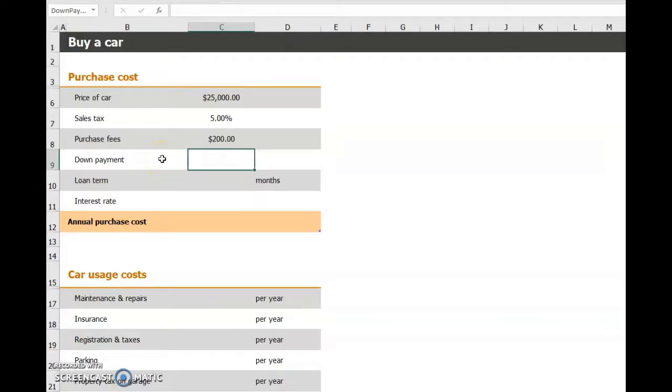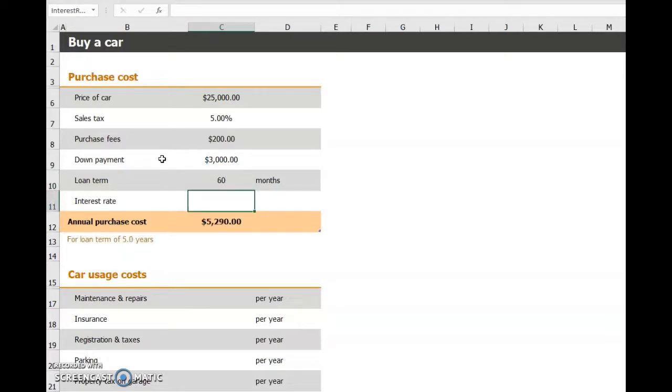Usually, even if you're taking out a loan on a car, you do have to put down some type of down payment. And typically that's around 3 to 5% of the total cost of the car. For this example, let's just put down a down payment of $3,000. Then the loan term is typically anywhere from 4 to 5 years, or let's just say 60 months.